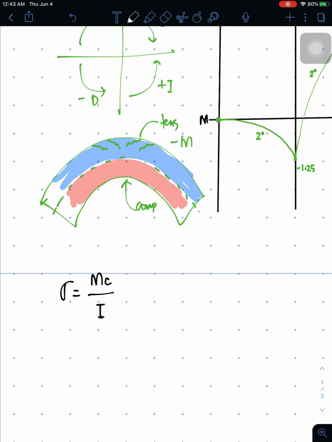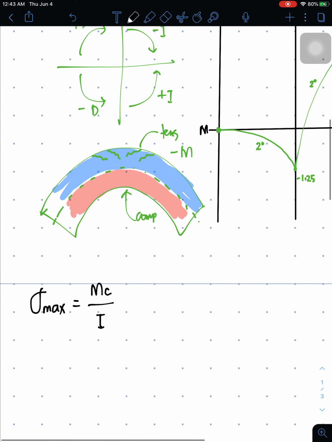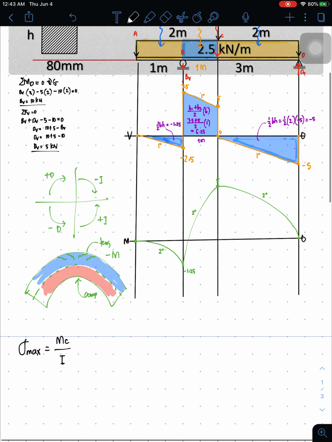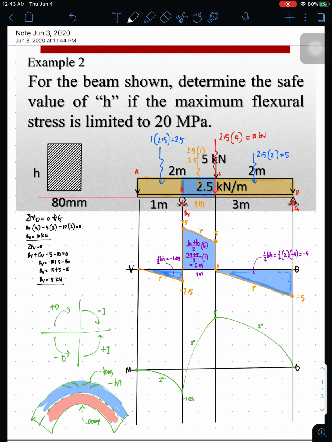And then if that's the case, this is going to be the maximum flexure symbol, right? And we're going to solve for every term or every element. Let's just consider solving the C first.